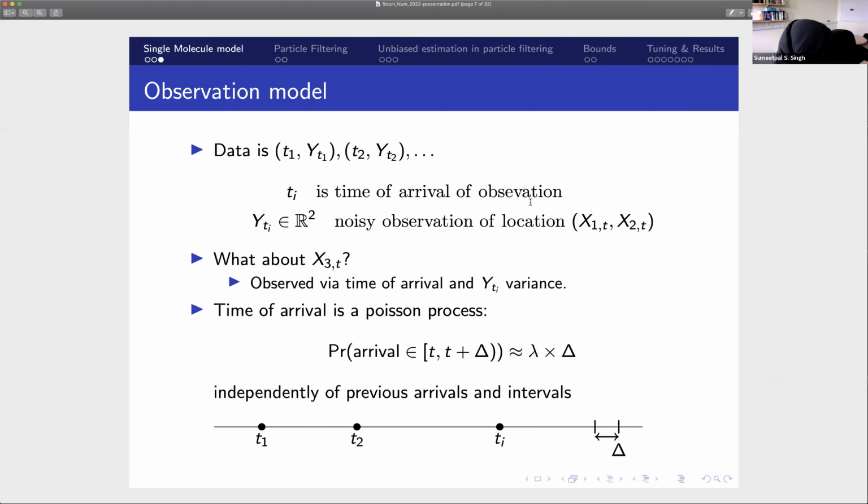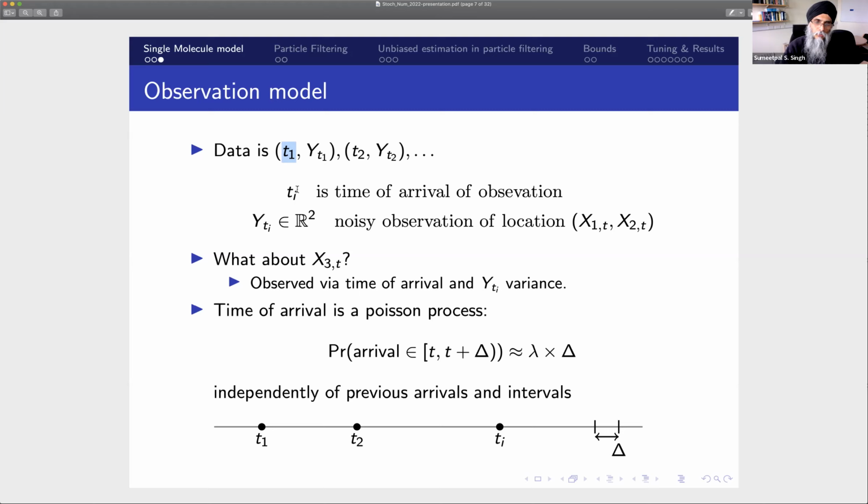Okay, so now I'm going to tell you a bit about how the data is generated before we move into the computational methodology. So here is the data. Our data is a sequence of times of arrival, T1, T2, and so on. T2 is larger than T1, T3 is larger than T2, and so on. Ti is the arrival time of the ith observation.